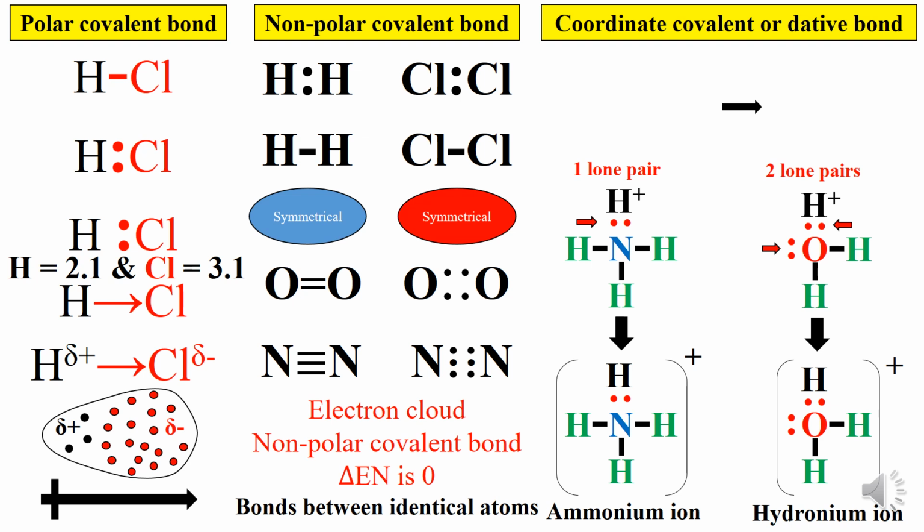And coordinate covalent bond or dative bond is represented by an arrow, and the arrow is pointing towards the acceptor and it is pointing away from the donor.